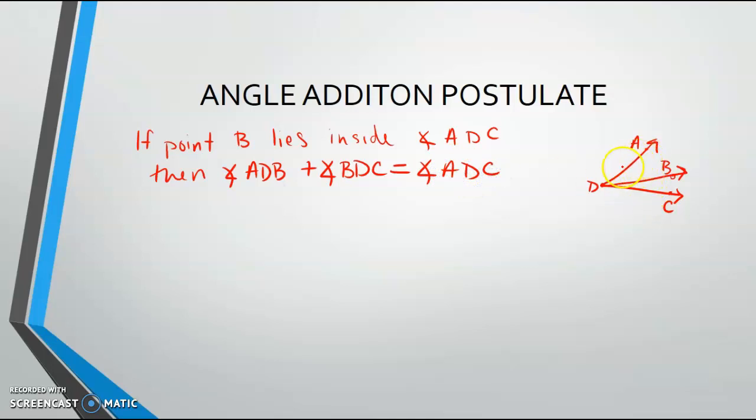So basically, one angle plus the other angle equals the bigger angle. That's as simple as what the angle addition postulate is.